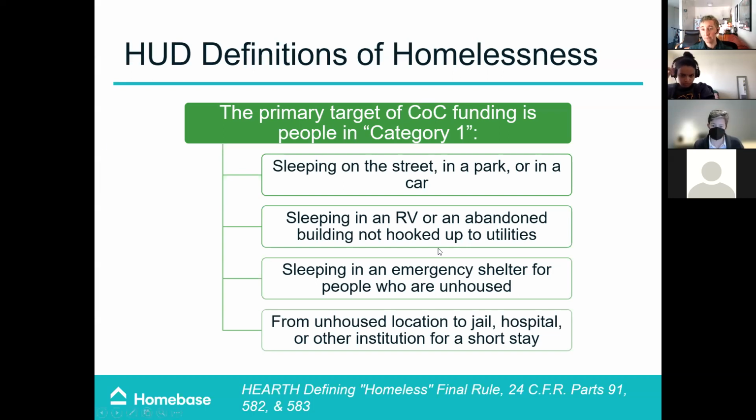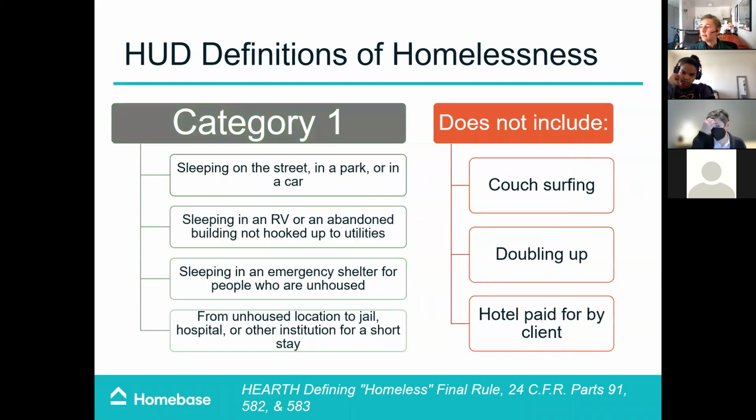So if someone was sleeping outside and then had to stay in a hospital for 3 weeks, they would still be considered in category 1. However, if someone is sleeping outside and they're in a hospital for over 90 days, when they exit that hospital, they are no longer considered part of category 1. So this is one of the most common definitions of unhoused.